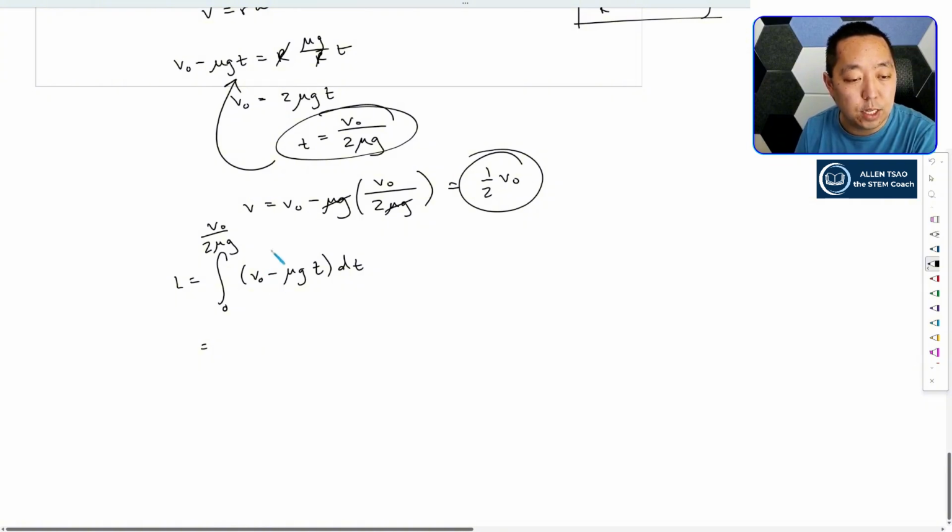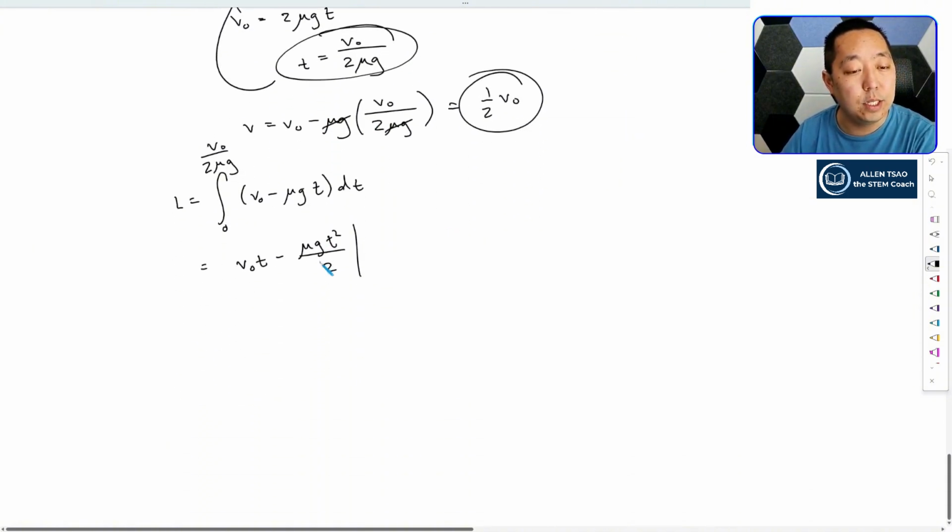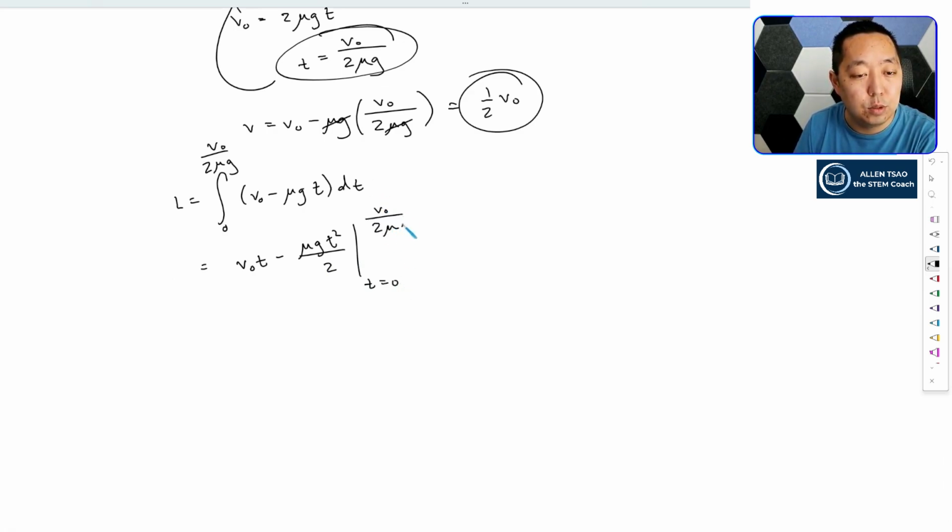So then this is going to be integrating, this is going to be v naught t minus μg t squared over 2 from... Actually, technically, because the acceleration is constant, you probably could do kinematics for this, but no, I don't know. The acceleration is not constant. Never mind. I would just do this. 2μg. So then we're going to get v naught times v naught over 2μg minus μg over 2 times v naught over 2μg squared.